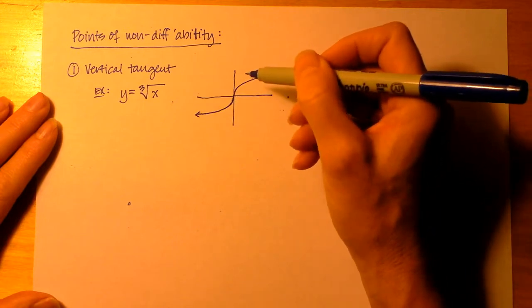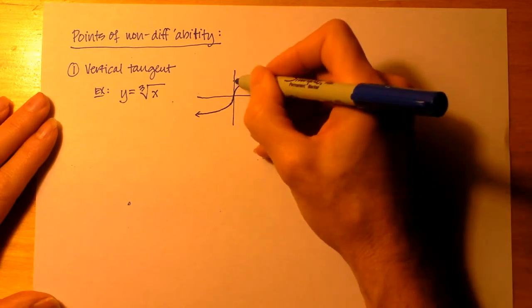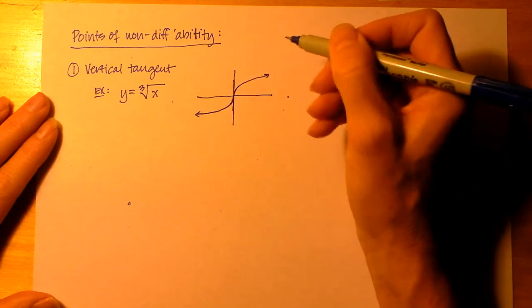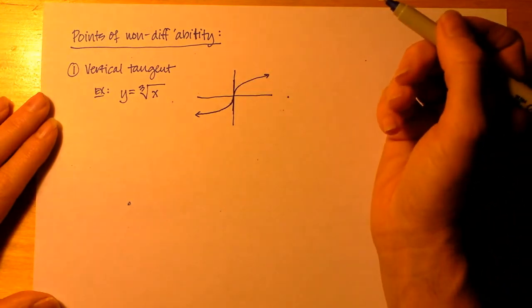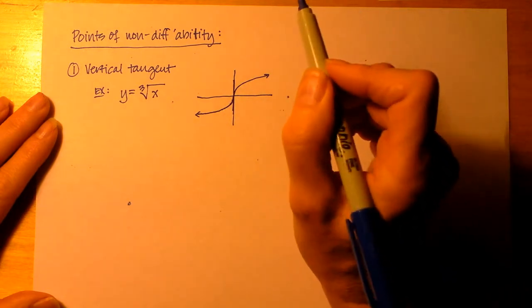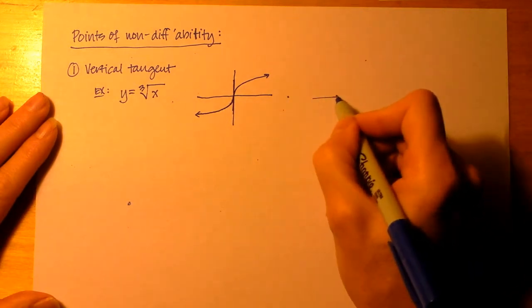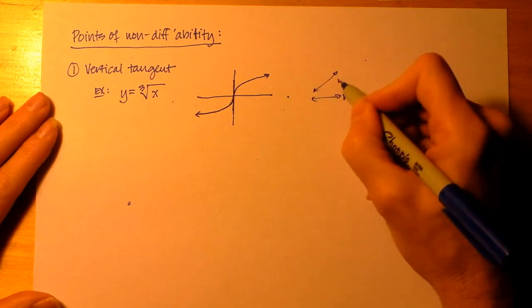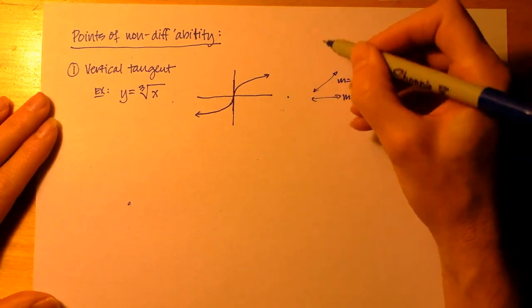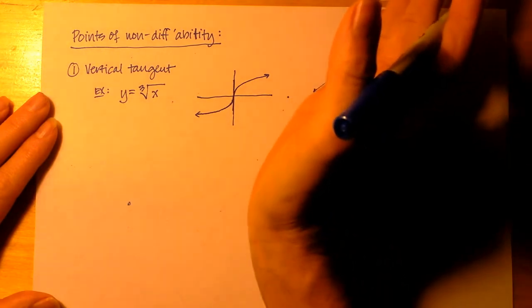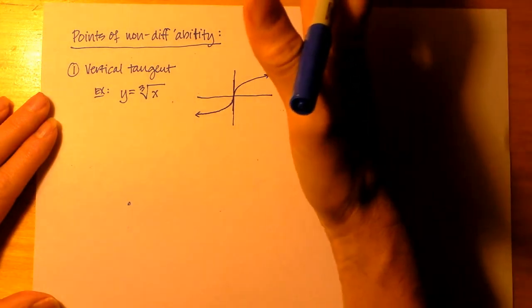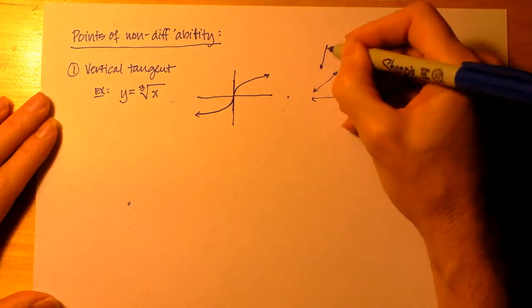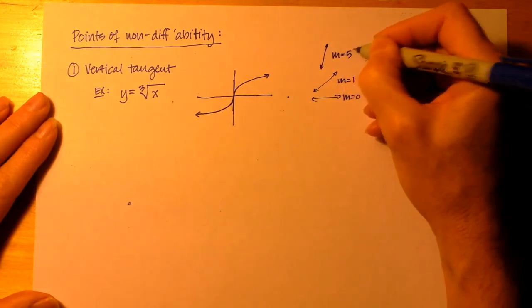Okay, so if the tangent line is vertical, what is its slope equal to? It's undefined, right? 0 slope looks like this. Slope of 1 looks like this. And then the steeper you make the line, the bigger the slope gets, right? 5 or something like that.